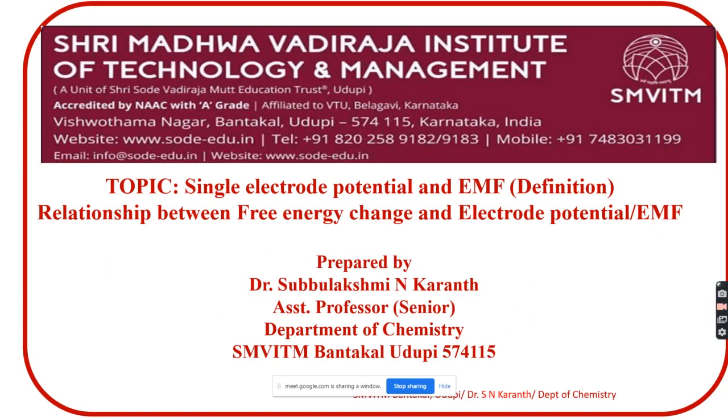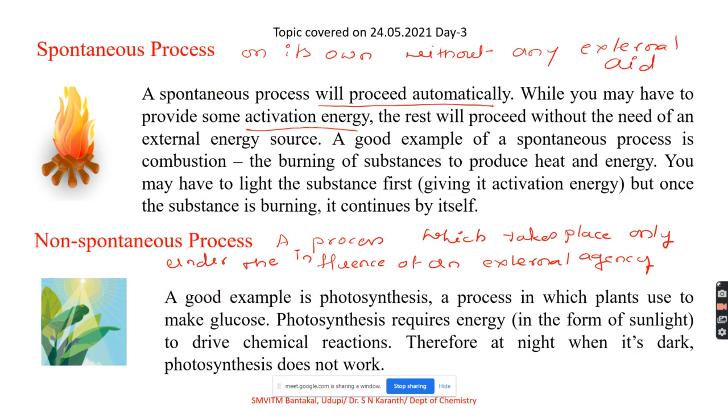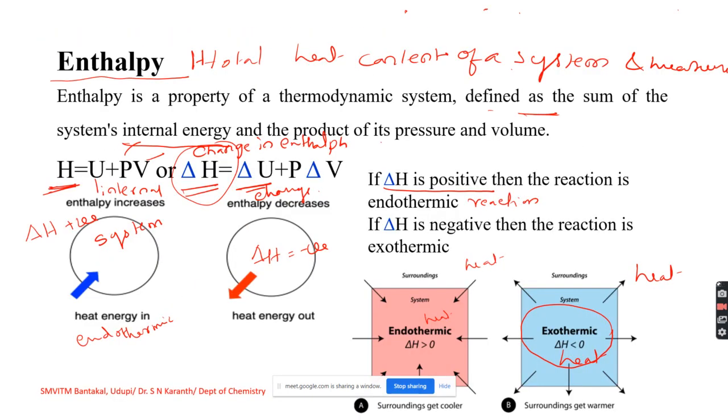Now, the thermodynamic concept of a spontaneous process means a process that takes place automatically without any external aid. If a process takes place only under the influence of an external agency, then it is called a non-spontaneous process.